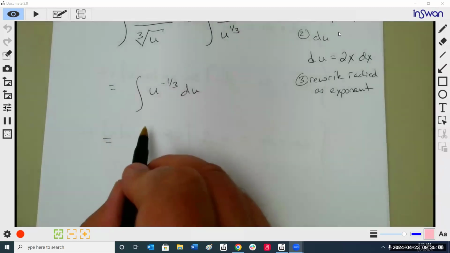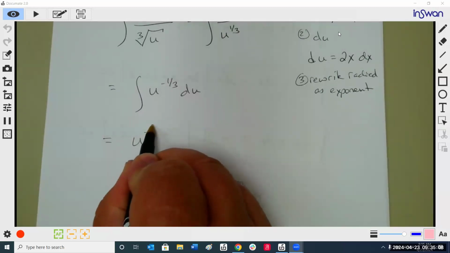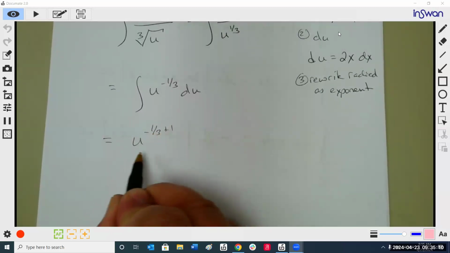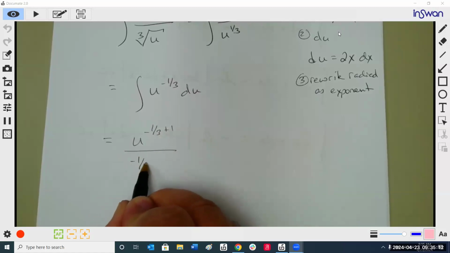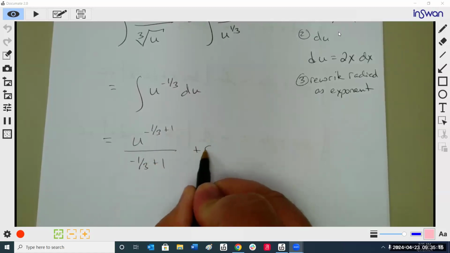Now integrate it. So it's u to the negative 1/3 plus 1 over negative 1/3 plus 1 plus c.